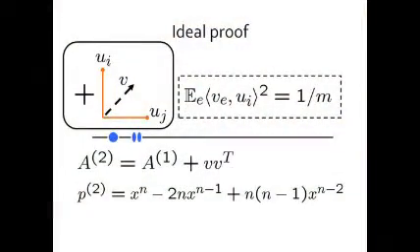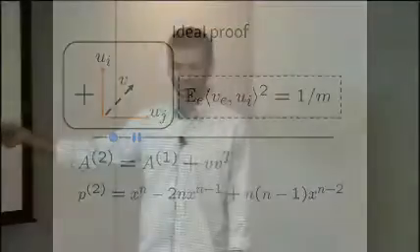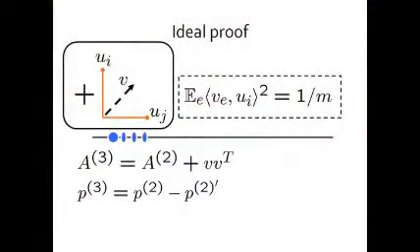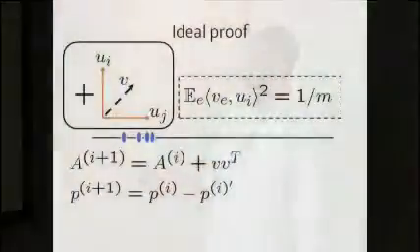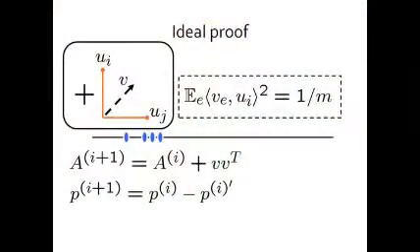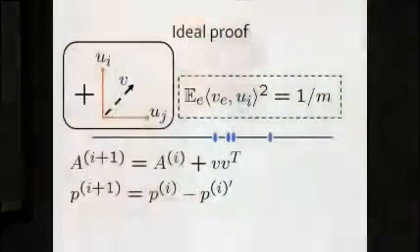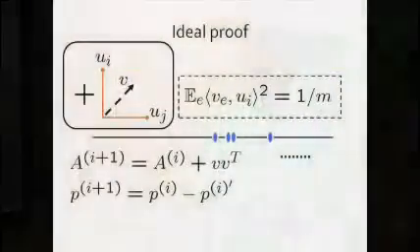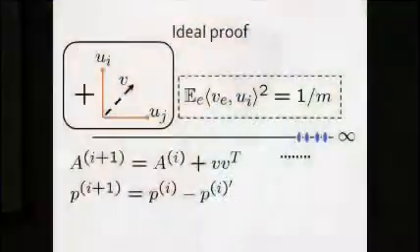Well, I add it, and to get the new characteristic polynomial I just subtract off the derivative. And then I do it again. This is generating some sequence of polynomials, and my eigenvalues are just the roots of these polynomials. My intuition was that nothing too wacky should happen, no eigenvalue should be left behind, and these things should sort of drift forward in a steady way. And if I did this for a very, very long time, then maybe they'll end up in a position where the ratio of the largest to the smallest is at most 13.